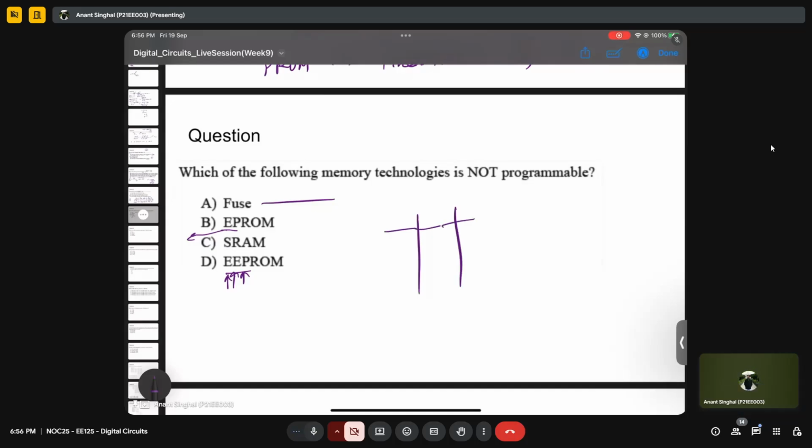Fuse is nothing but where you make those X connections. So it is like a combinational part. This is not programmable, this is like fixed. And SRAM we have just seen, we can do whatever we want to, so it is also a memory. So option A is the correct answer. I think I can also call it reprogrammable, because that would be the correct term to say.